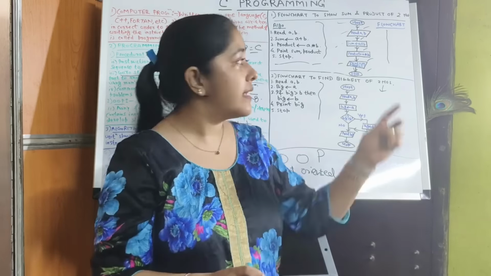So whenever you are going to write a flowchart, the first sign of your flowchart will be this one, and the last sign of your flowchart will be this one. This you can easily remember. Now next is input or output.